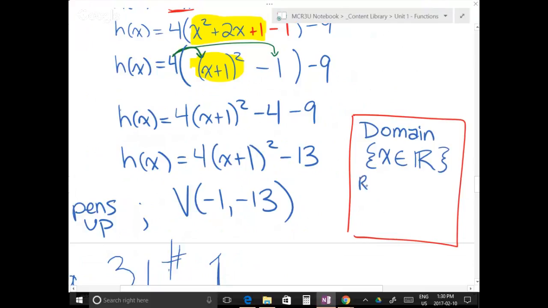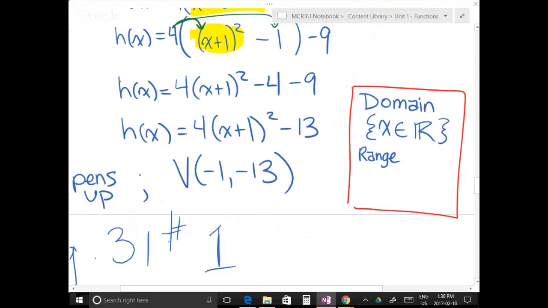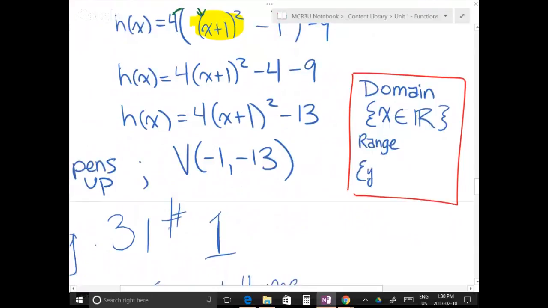What about the range? So a parabola either goes up or down forever, but it stops at a certain spot. What do we call that spot? The place where it turns around and starts going back the way it came? The vertex, good. So we know that y could be any real number. y is an element of the real numbers.